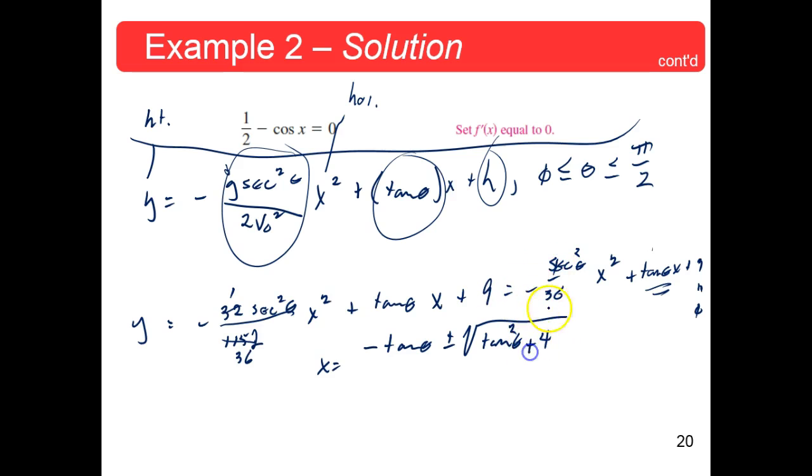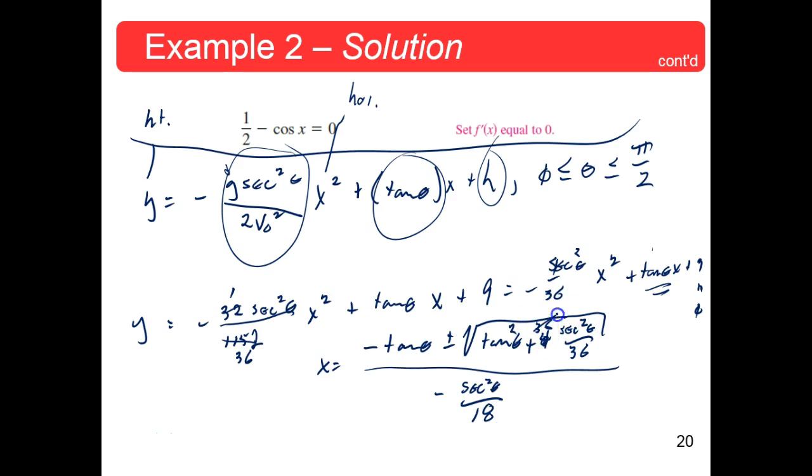It's a minus times a minus, so that's plus 4 times secant squared theta over 36 times c, which is 9, so make that a 36. Oh, clever, wasn't it? All over 2a, which is minus secant squared theta over 18.